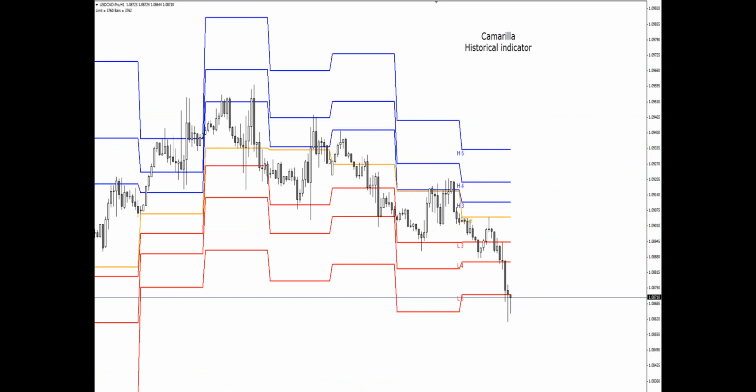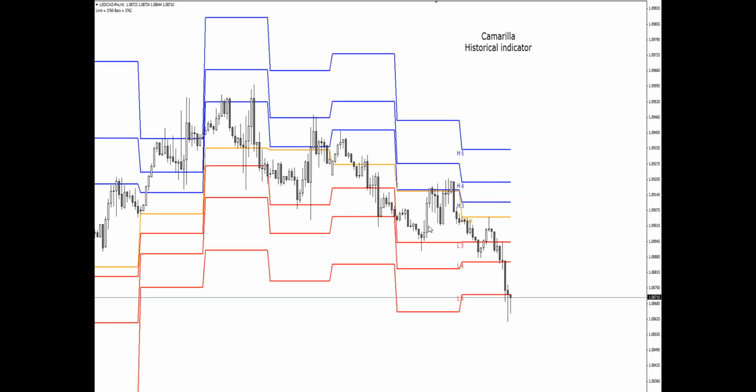Now this is the picture of the Camarilla historical indicator. The Camarilla historical indicator will plot historically levels which were used a day before, yesterday, 10 days ago, 20 days ago. So these are today's Camarilla levels.